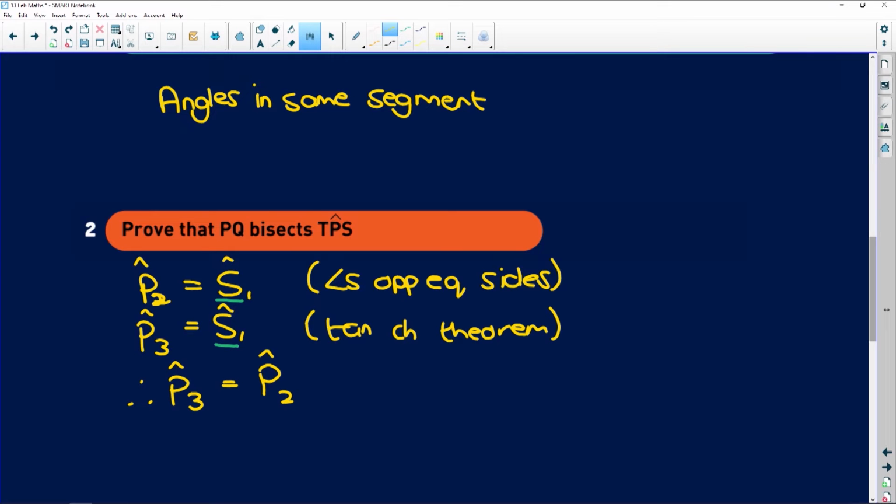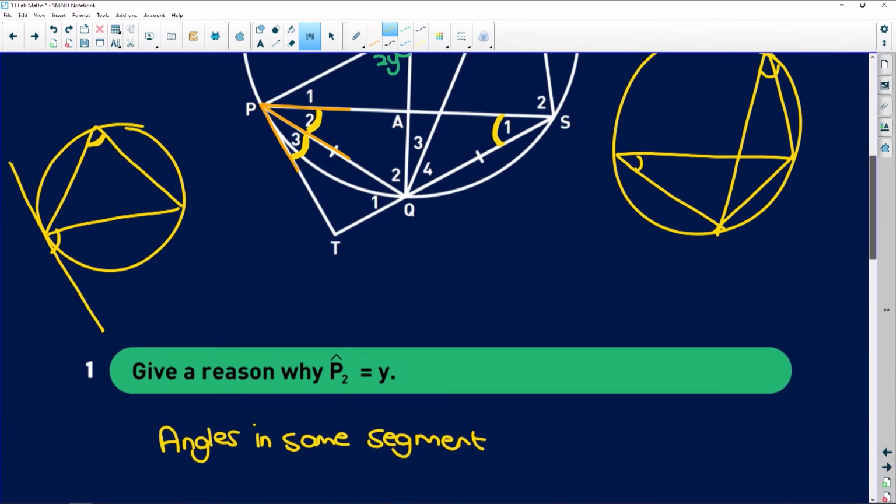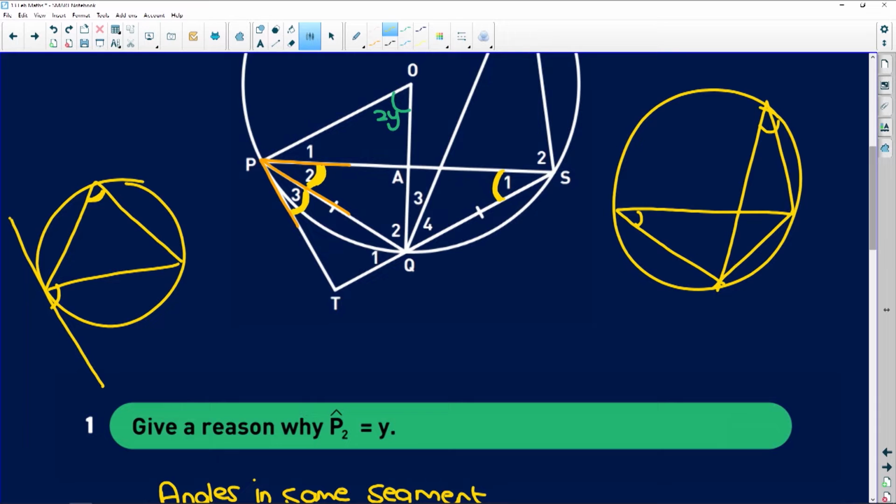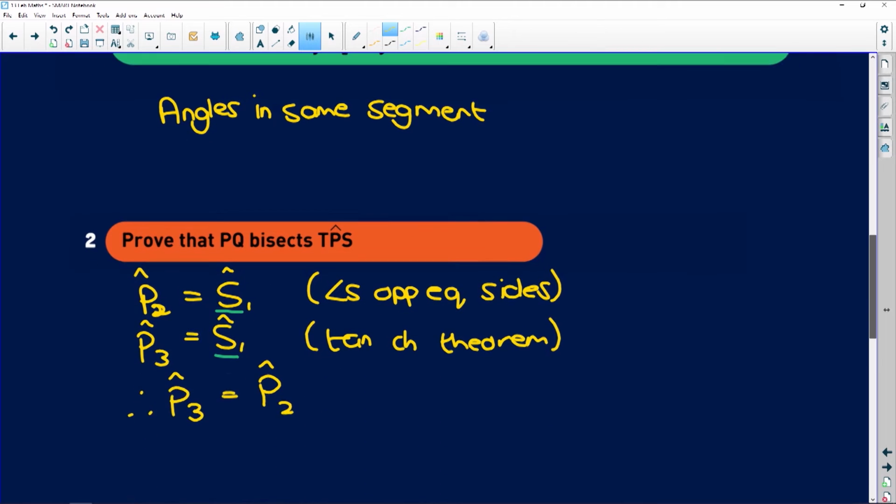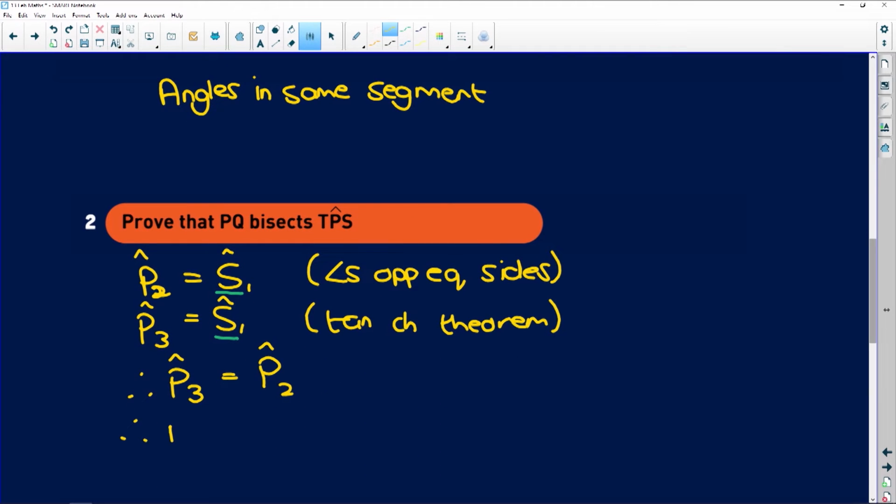How does that prove that it's bisected? Well, if these two angles here are equal to each other, it means that that whole angle is equal to twice of them, which means that that angle is being bisected by that line PQ. And we can say, therefore, PQ bisects TPS.